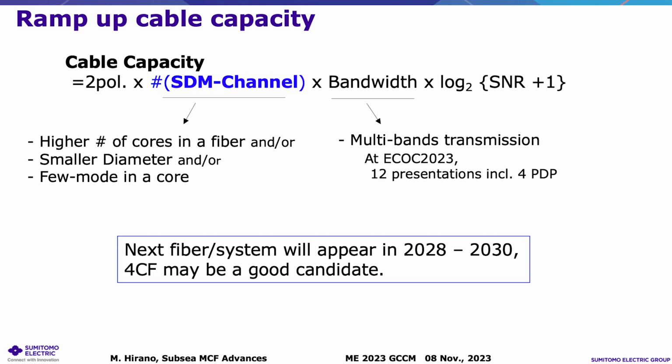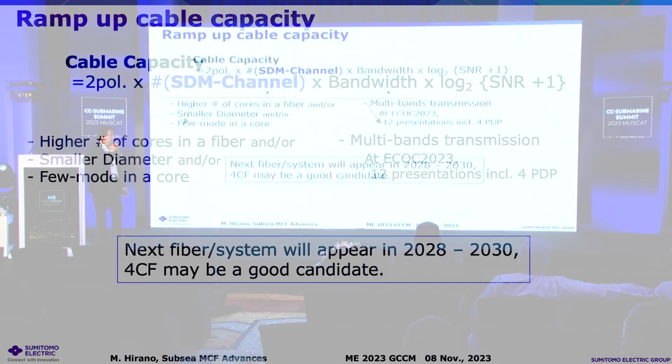And at the ECOC conference, including the PDP, multi-band transmission appeared. So this means that broader bandwidth transmission is being actively studied for future upgrading of the transmission capacity. But as I commented, how to realize the amplification for the long haul system will not be very easy.